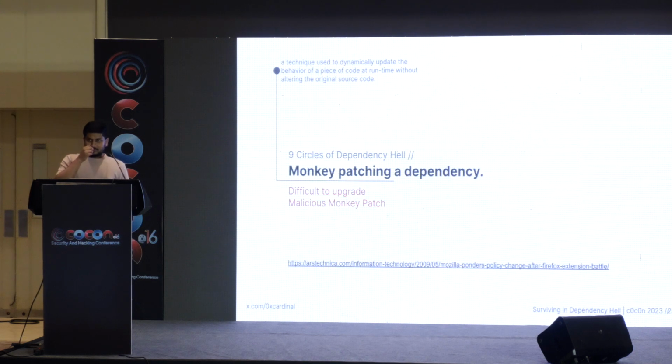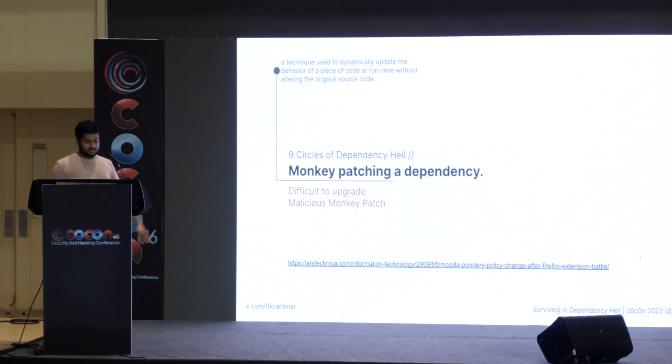Then let's talk about monkey patching. Monkey patching is when I have a problem with a dependency and I am not able to solve it. I tried contacting the author, but they are not responding, because in the open source world not everyone is getting paid to do what they are doing. So the author is not catering to the request I have made.